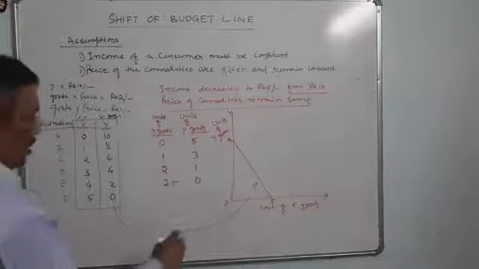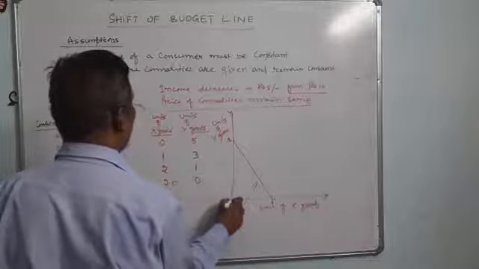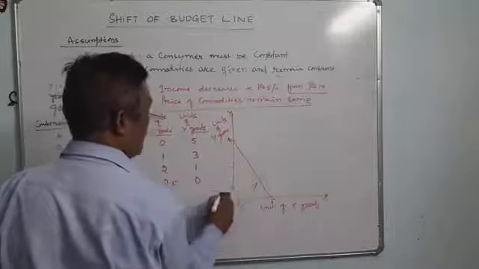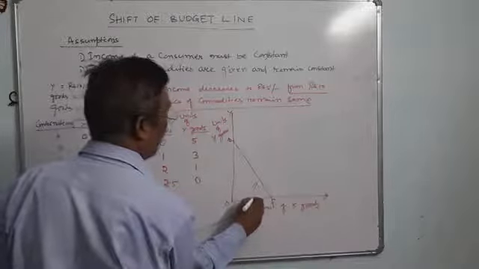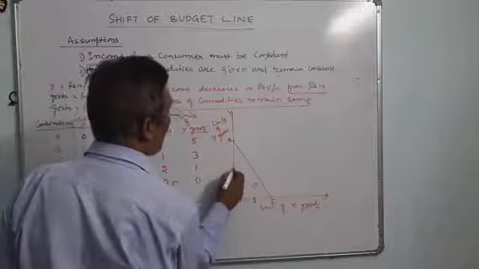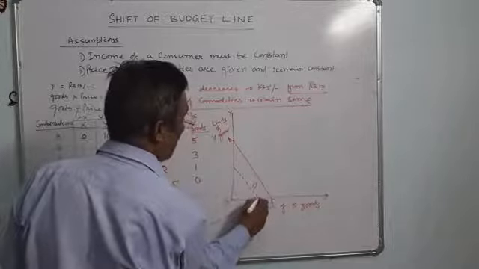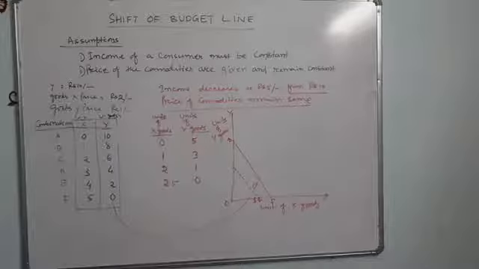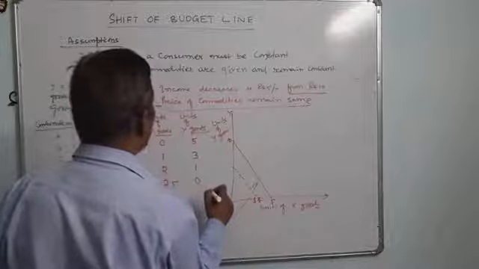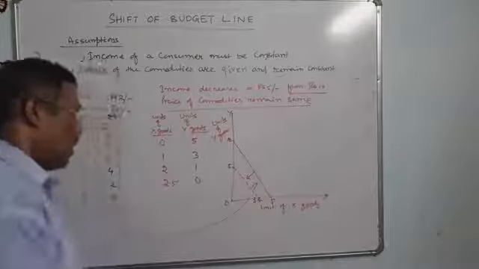But in this case 0, 5 and 2.5. So now the budget line will shift towards the left.